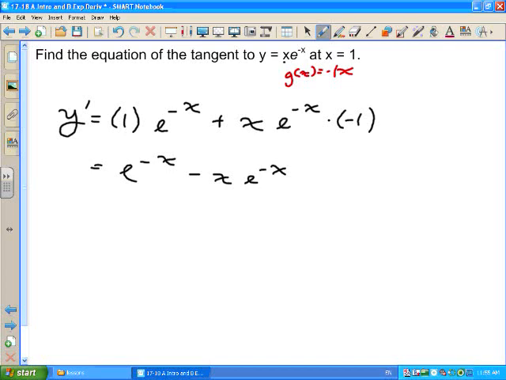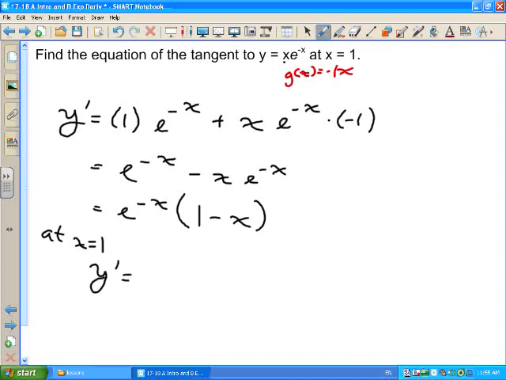Okay. Where do we want to go from here? Now what do we want to do? Yeah, we want to evaluate this at x equals 1. The derivative gives us the slope of the tangent, so we want the slope of the tangent at x equals 1.